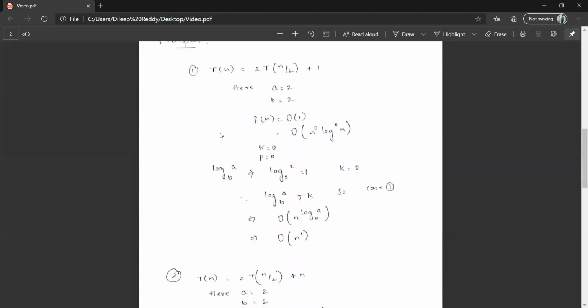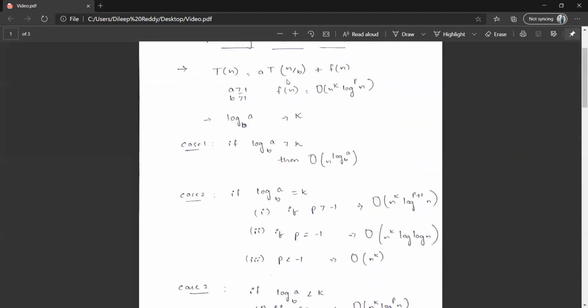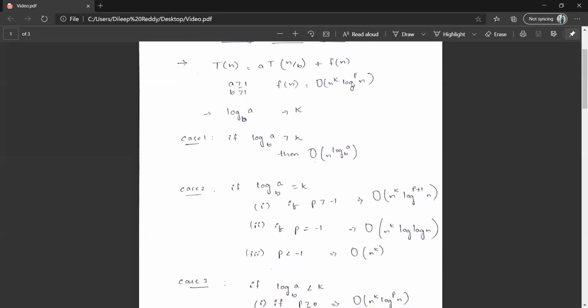Let's take a recurrence relation, that is T(n) = 2T(n/2) + 1. Here we can clearly see that it is in the form aT(n/b) + f(n).